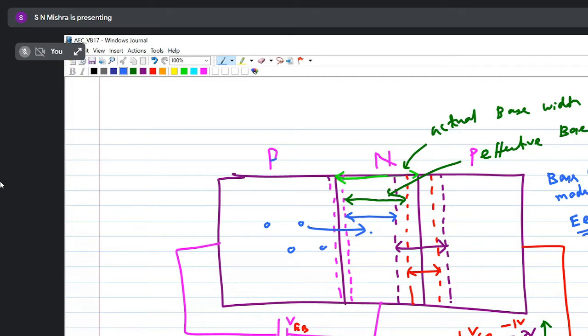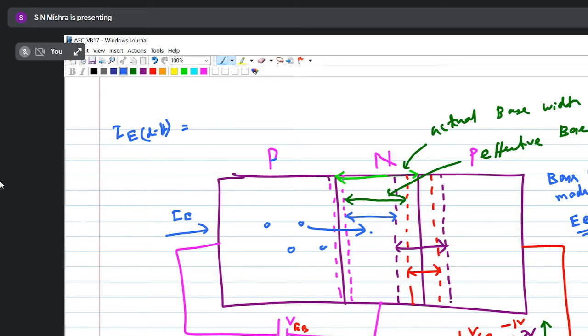Now, holes are moving from here to here. When I talk about current or emitter current, I will get it due to diffusion. Due to diffusion, the current will move from the P side to the N side initially.